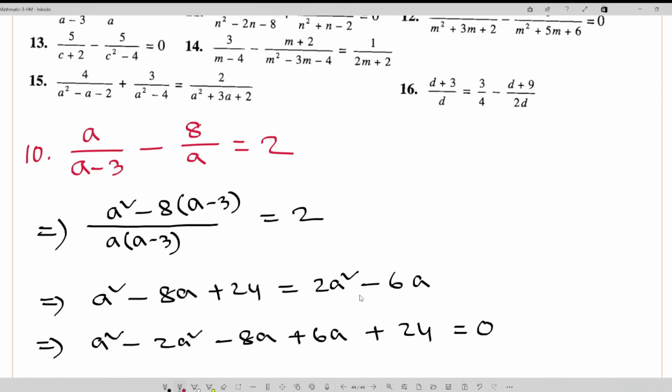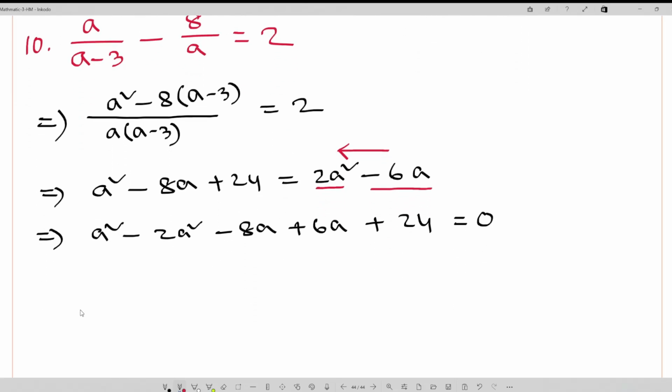We just exchange 2a square minus 6a from the right side to the left side. Now here is minus a square minus 2a plus 24 equals 0.